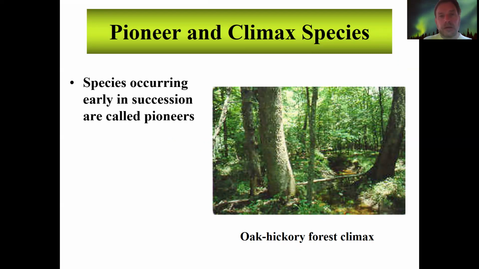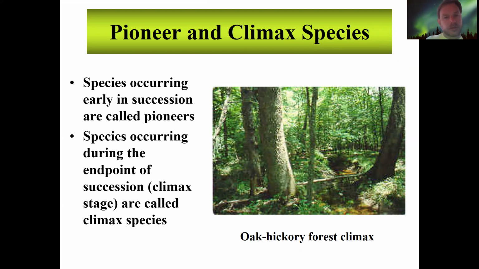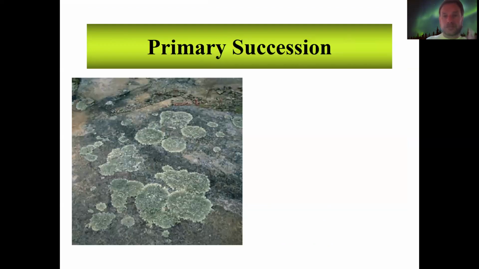Along the way, you have pioneer and climax species, species that occur early in succession. The first colonizers are called pioneers, and the ones that come in last are the climax species. For example, in forests here, the last remaining climax dominants are oak and hickory.